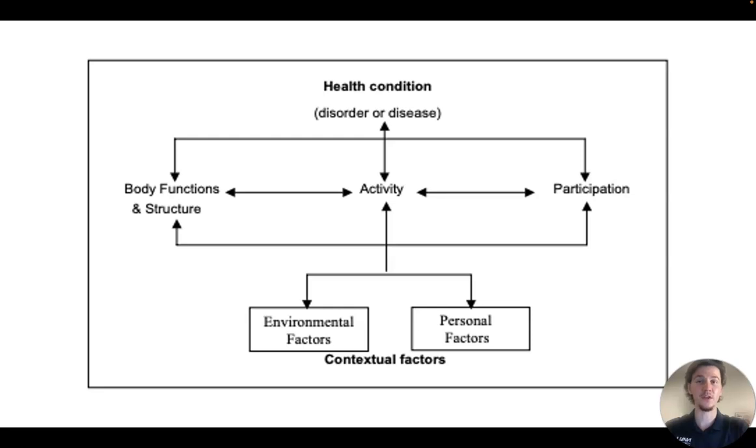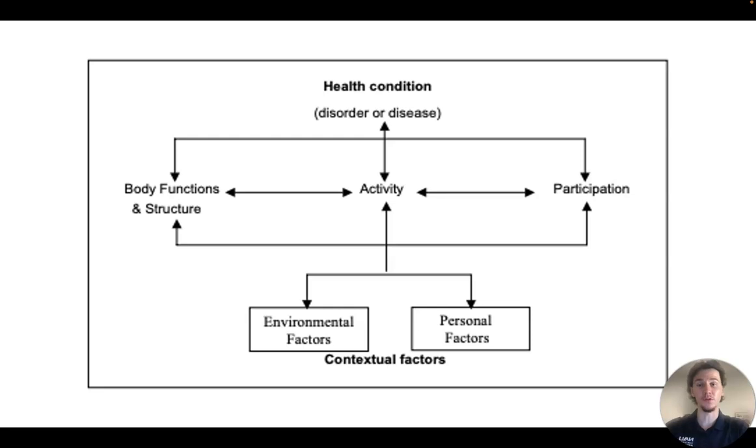Activities are going to be activities at the individual level that someone may participate in. So walking, being able to walk up or down the stairs, being able to perform your ADLs, your activities of daily living, those would go in activity. And then participation would be activities that individuals take part in at a social level.